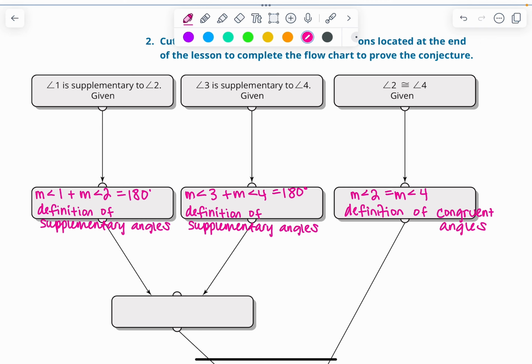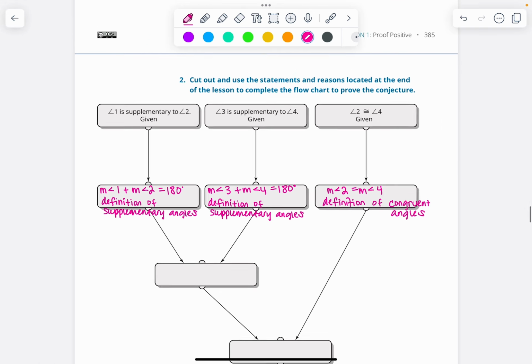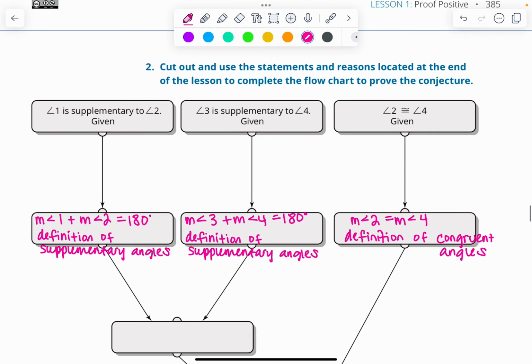I told you this in the 1.2 video, and I'm going to tell you again. If you're going from a congruent statement to an equality or an equation, or from an equation to a congruent statement, it's probably going to be the definition of congruent something: congruent angle, congruent segment, something like that.